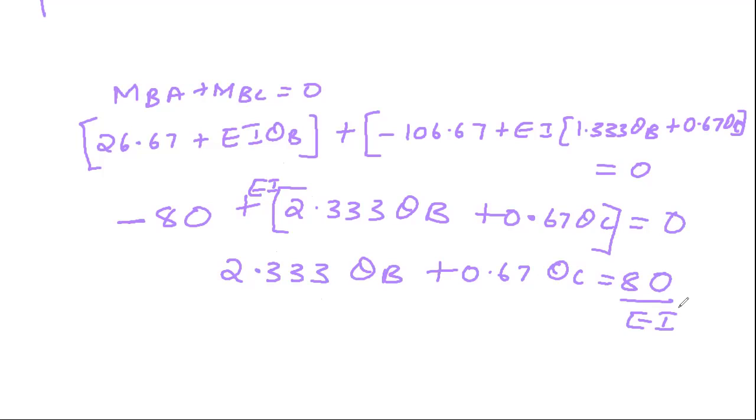You take this as equation number 7, because 6 equations we have solved. So this is about equilibrium equation 1. The next equilibrium equation is what? MCB plus MCD. So the second equilibrium equation will be MCB plus MCD equals 0. What is MCB?